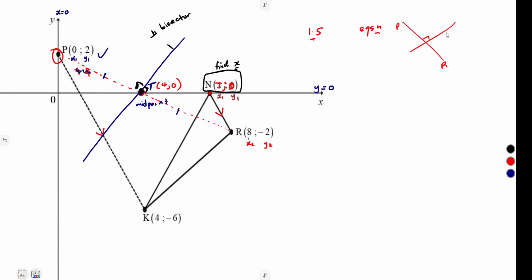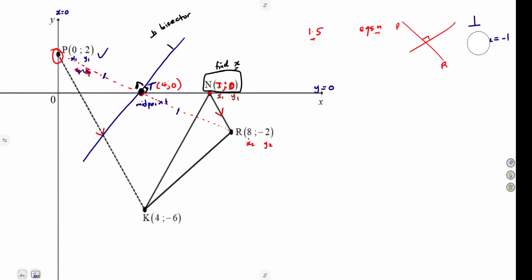But these two have a special property in terms of the gradients. If two lines are perpendicular, the product of their gradients should give us what? A -1. That is the concept.